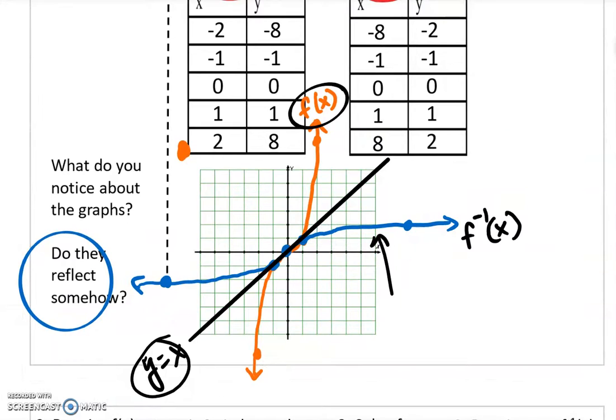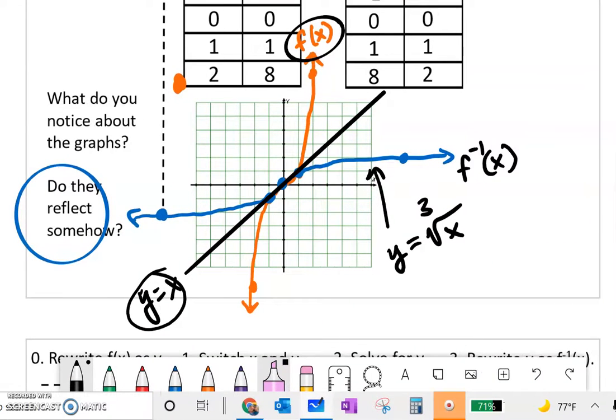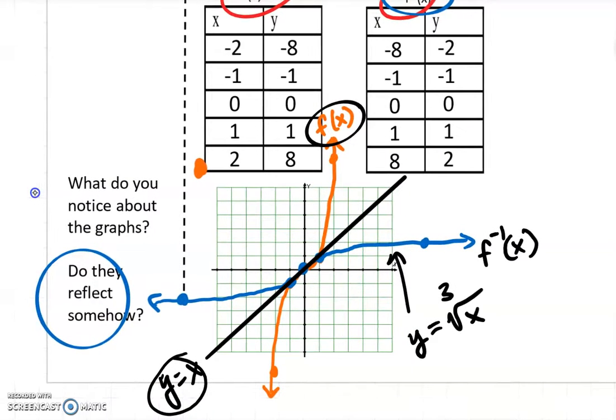If you did, you would notice that this is y equals cube root of x, right? And that is true because y equals the cube root of x is the inverse of y equals x cubed. So those are inverses of one another, and they reflect across the line y equals x.